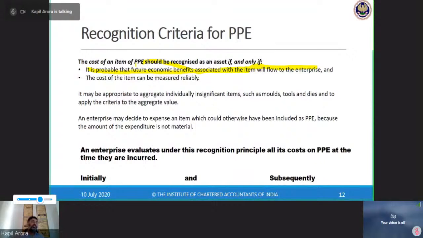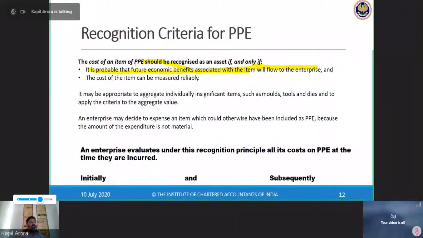From that, future economic benefit will come to me. So this is an assumption also. When you buy anything, you will always try to estimate, or make an analysis, whether that future economic benefit will come or not. So we create an assumption that yes, if I am buying something, definitely it will give me future economic benefit.